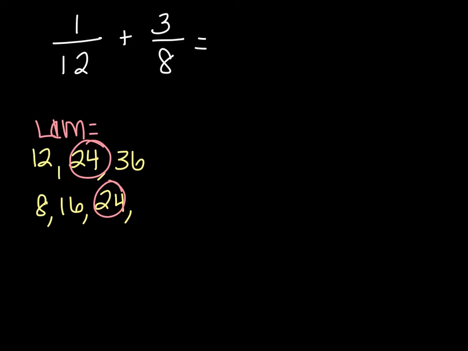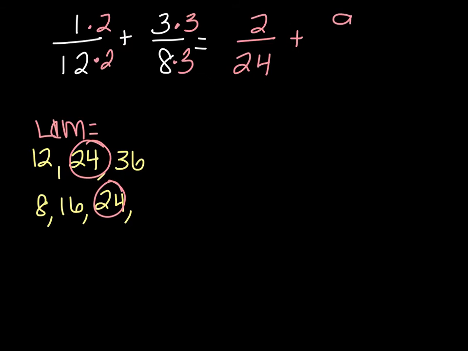So I need to figure out 12 times what is going to give me 24. Well, 12 times 2. So I multiply both the top and the bottom by 2. When I do that, I get 2 over 24. 8 times 3 will give me 24, so I multiply both the top and the bottom by 3.